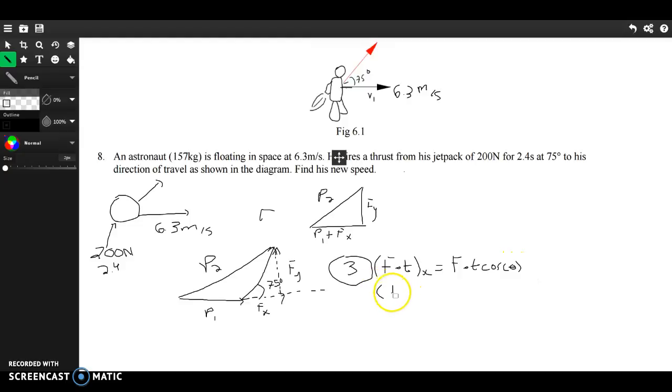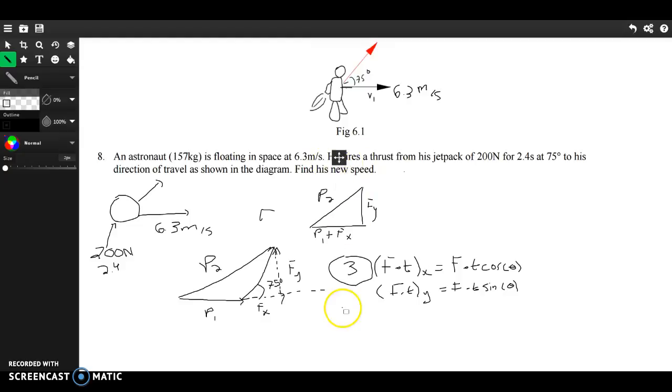And then F times T of y equals F times T sine theta. Alright, so you might be asking, how did I get that?